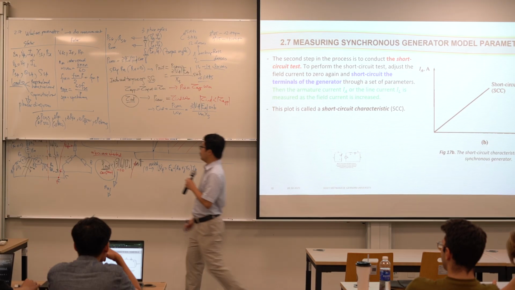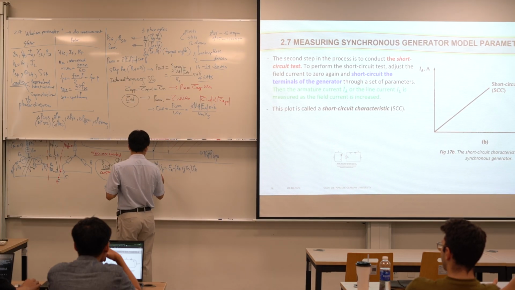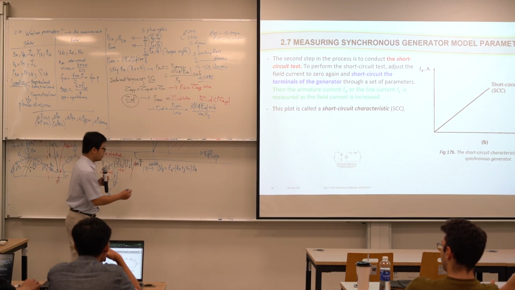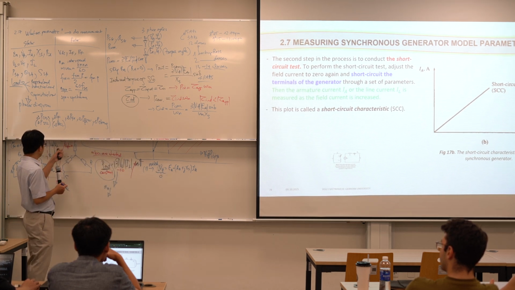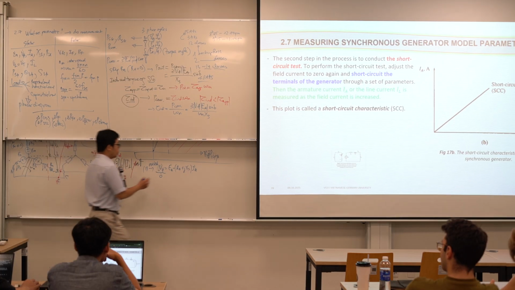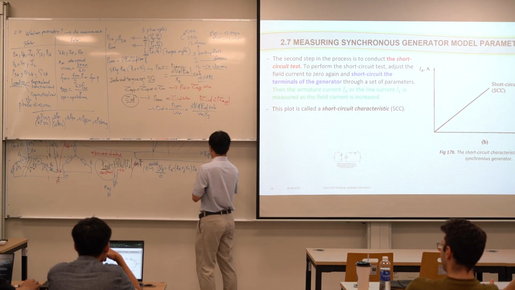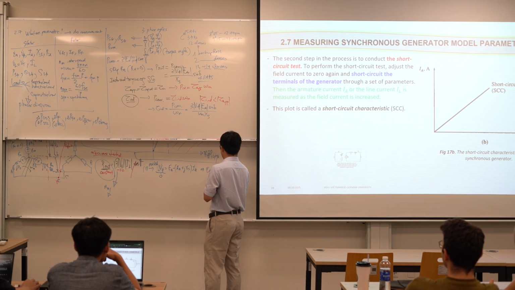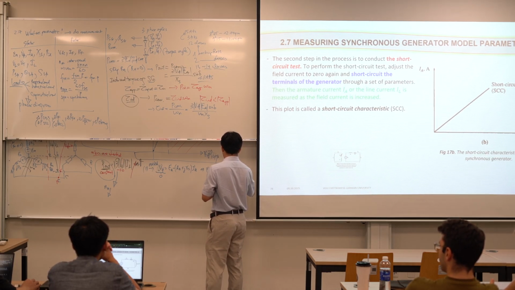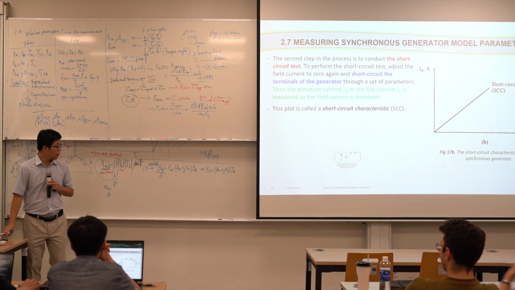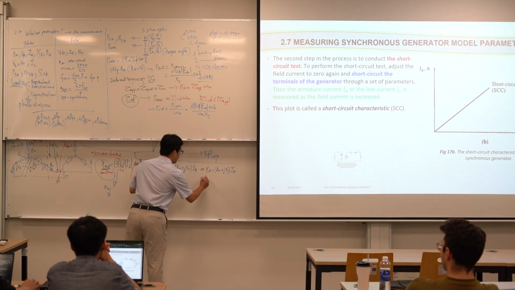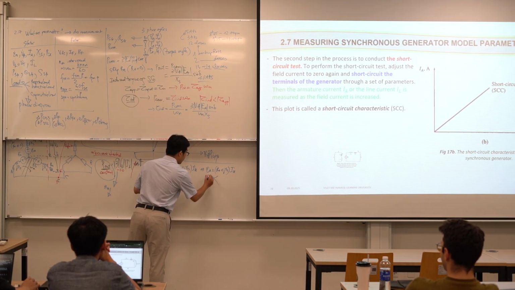And we know if we have a short circuit, this one becomes 0. So we get EA equals (RA plus JXS) times IA. And we know EA is proportional to what?